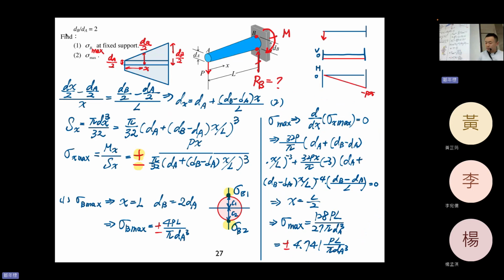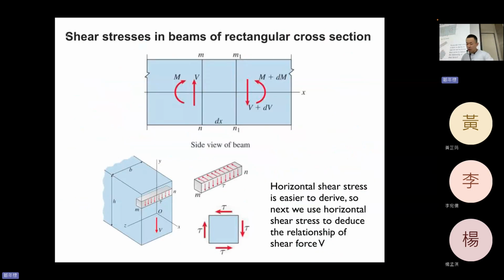Right, so next, using the shear diagram to help us know the shear stress in a beam of rectangular cross-section. Okay, rectangular. You see that we kind of limit our focus, because the later proofs are based on the rectangular cross-section.